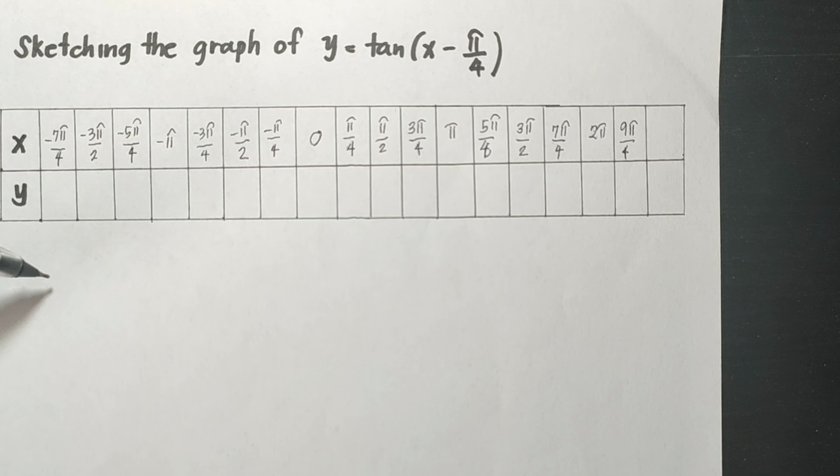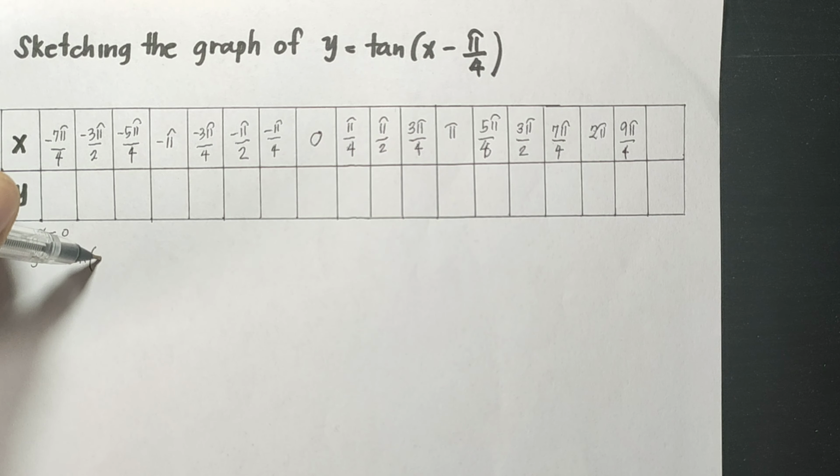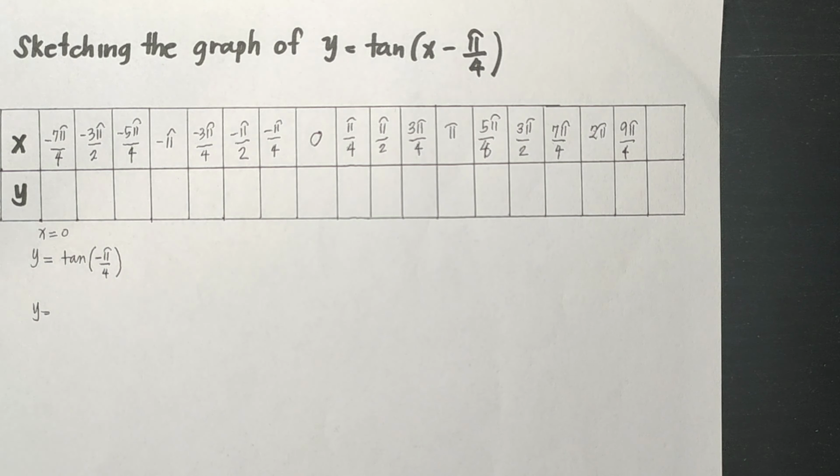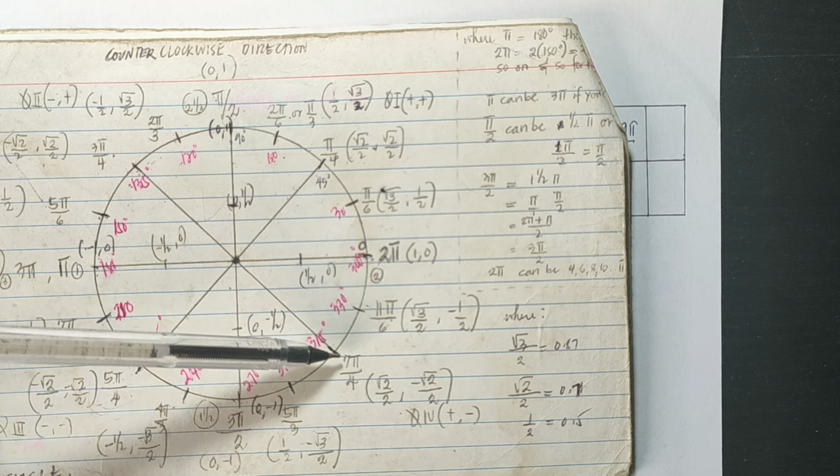Let us find the value of y when x is 0. So when x is 0, we are going to use the function y equals tangent of (x minus pi over 4), where x will become 0. So that will be 0 minus pi over 4, which is negative pi over 4. Okay, so referring to our unit circle, negative pi over 4 is located here, in the clockwise direction.